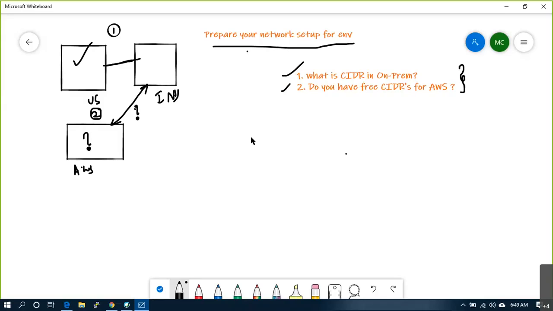Basically, you need to understand what IP address class they are using. For that, you people have to understand the basic IP address classes. And what is the difference between public and private IPs?